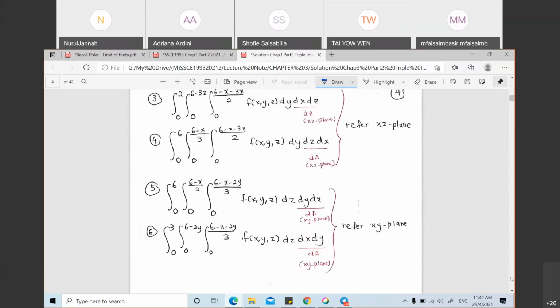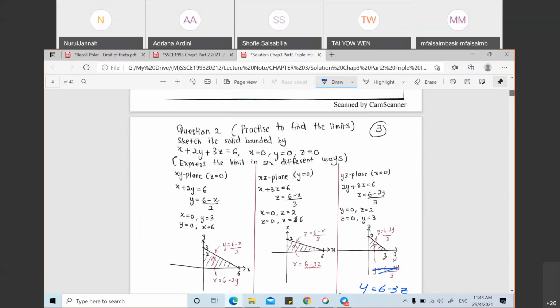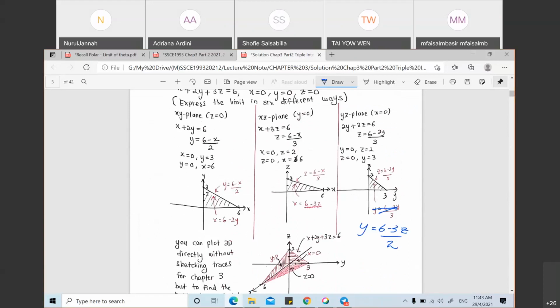So if I cut here, or cut this same thing, say I choose this first. So this is cut at y, dx dy. So dx dy, your y starts from 0 to (6 minus x) over 2. Okay? dx dy.